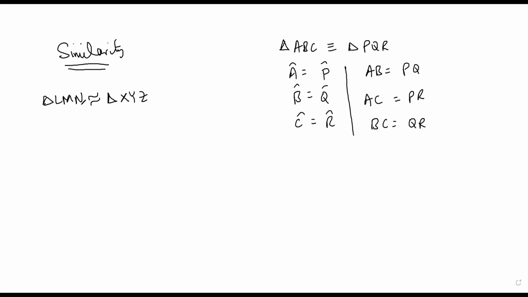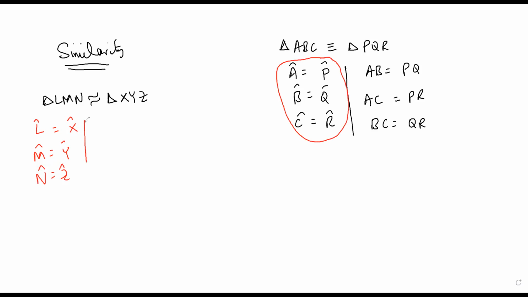If these two triangles are similar, first of all, their corresponding angles will be equal. Angle L will be equal to angle X, angle M will be equal to angle Y, angle N will be equal to angle Z. It's the same here: all three corresponding angles are equal.